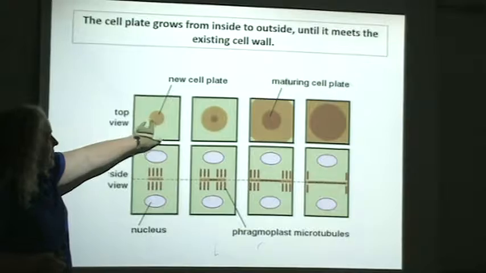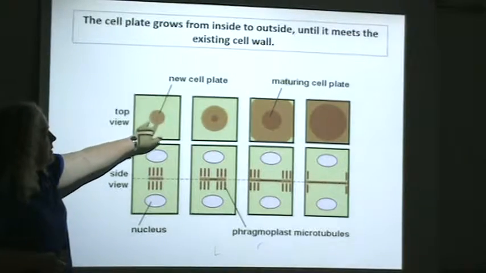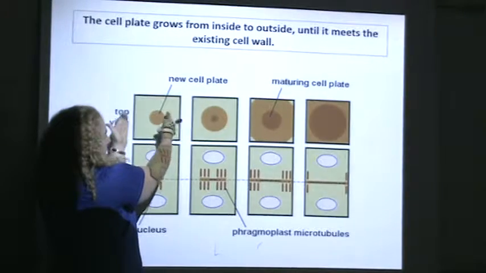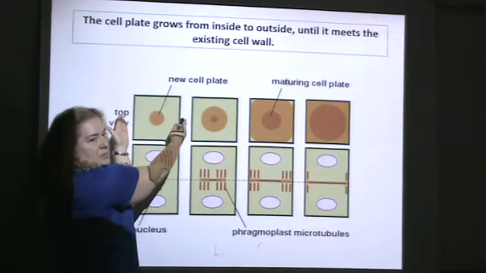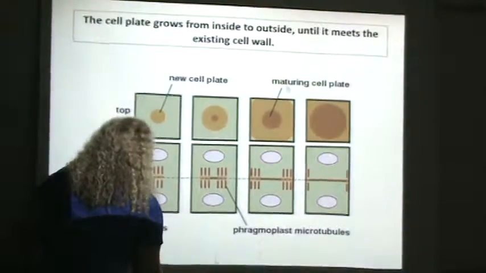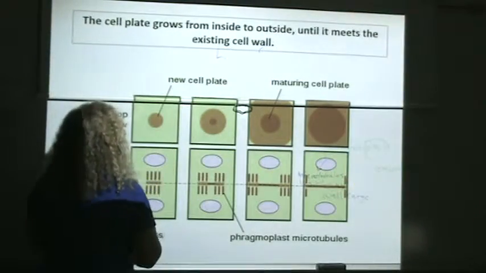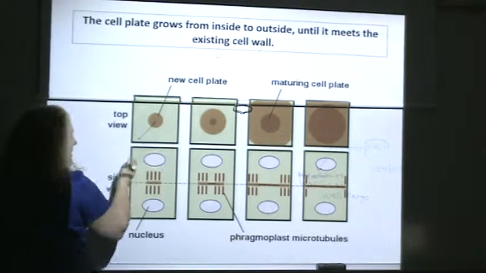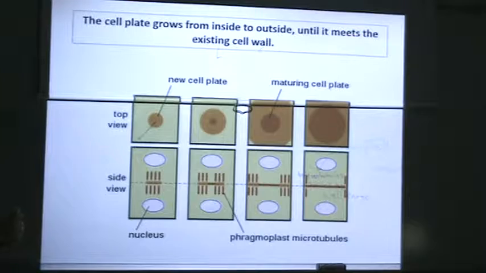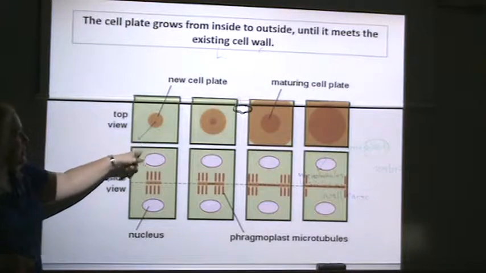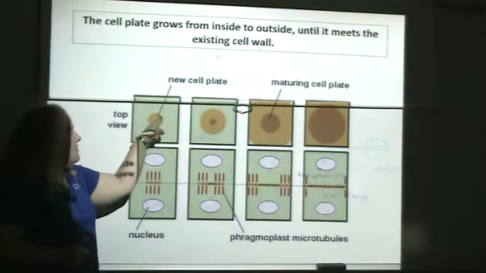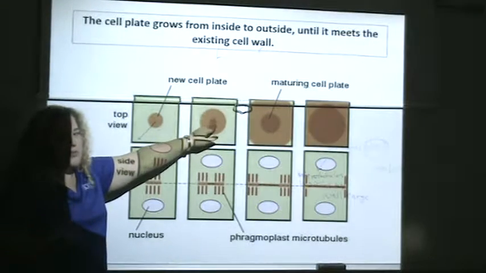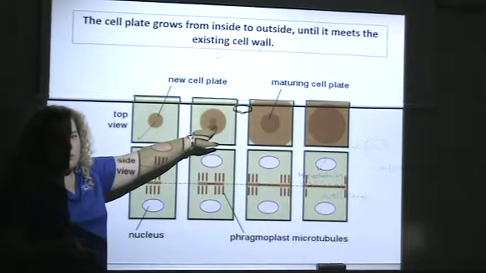They're dumping material here to form the new cell plate, and it expands from the middle out. And it also matures from the middle out. So this is going to spread out this way, kind of, not a wave, but from interior to exterior. And so what's right at the middle is the oldest, so to speak. And it also cures, matures, solidifies from the middle.